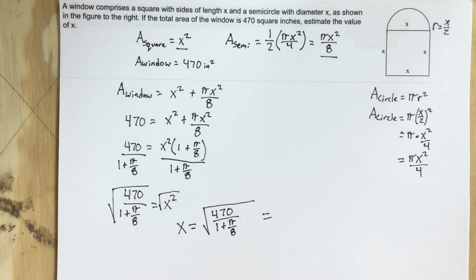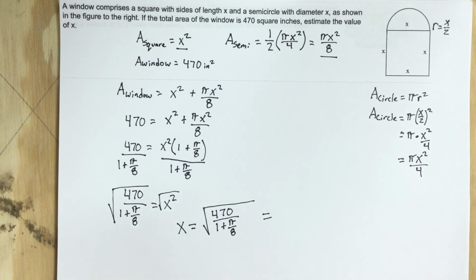And then we plug that in the calculator. Make sure to use your pi button when you do this. So 470 divided by 1 plus pi divided by 8, and then we want to square root that.